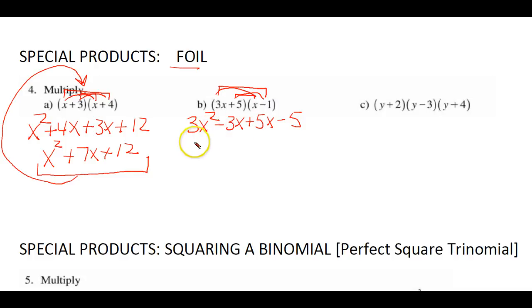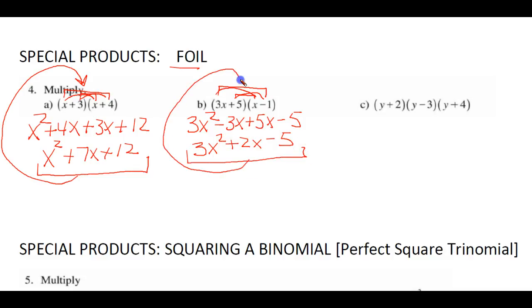Grouping our like terms and simplifying, x squared plus 2x minus 5. So there's our trinomial, and then later, as we say, we'll take that and factor it back into its factors.